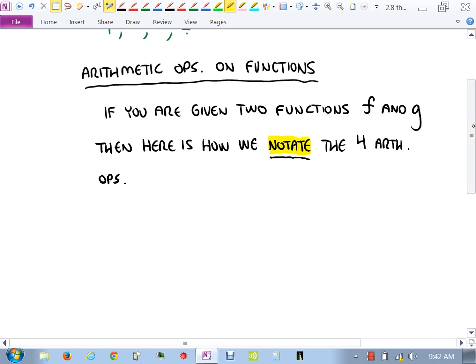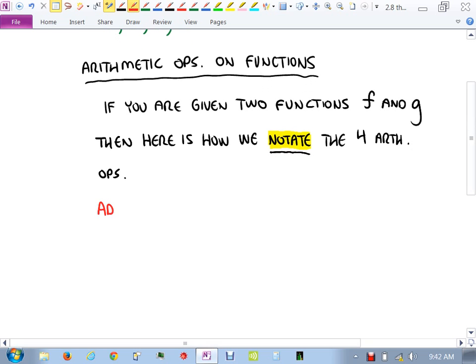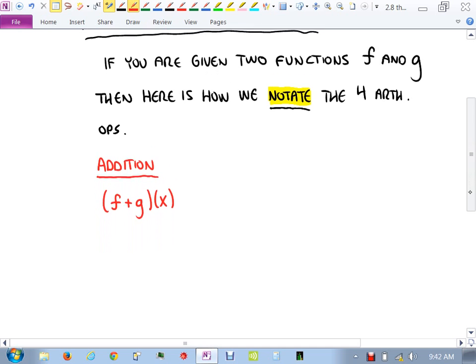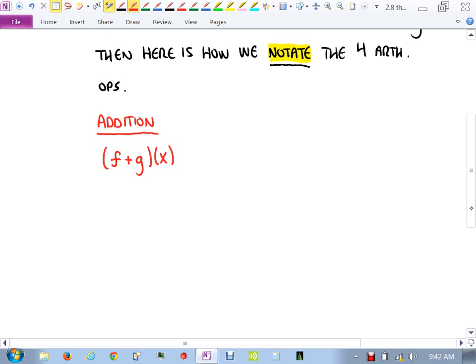With addition, I write f plus g in parentheses of x. If you see that, it tells you to add the functions up. That makes sense, right? No magic there. It's just take f, add g. By that definition, you take the function f of x, whatever it is, add to it the g of x, and be done.